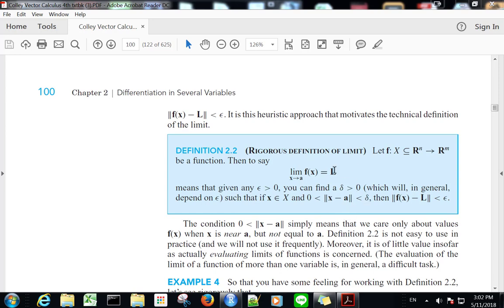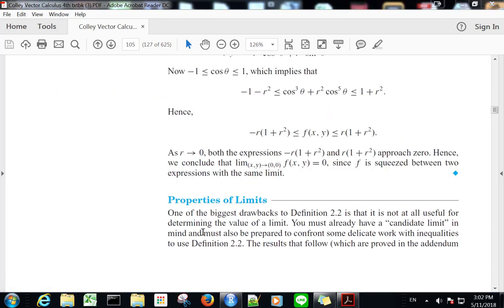It just says if you have a candidate like L, you can check whether it actually is the limit. But it doesn't show you how to find L, so it's not very useful. In general, we can't guess what L is.